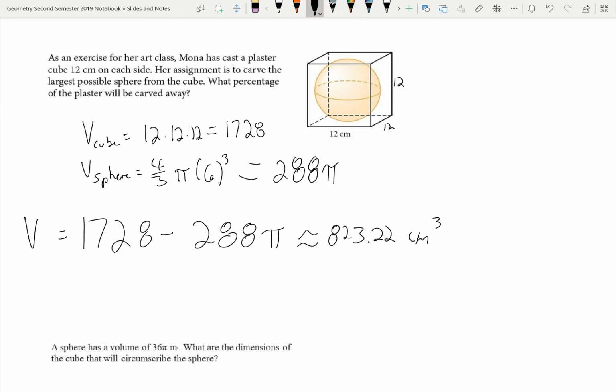So if that's how much is removed, we're going to take that number and divide it by the total volume of the block times 100%. And that will result in the percent that's removed.